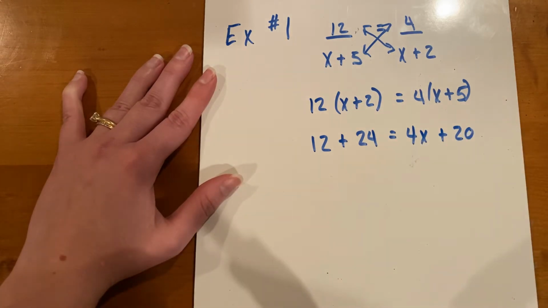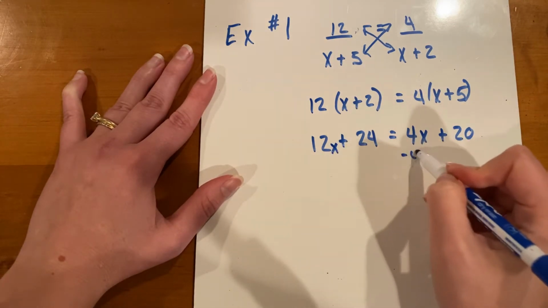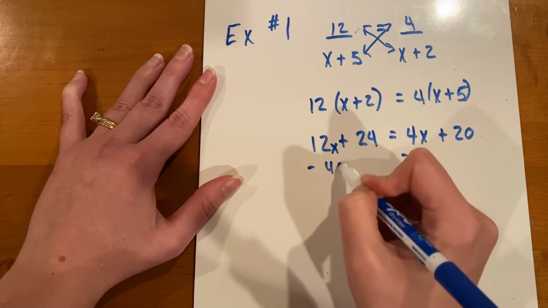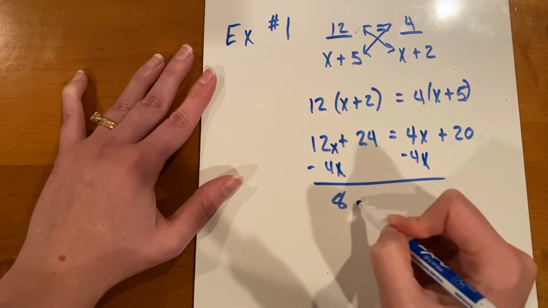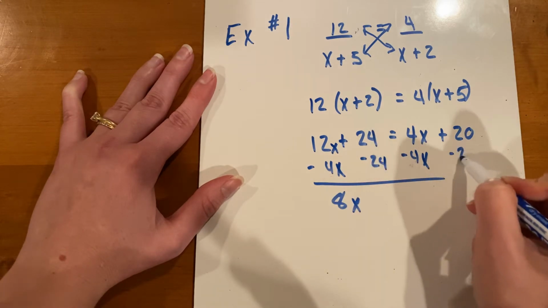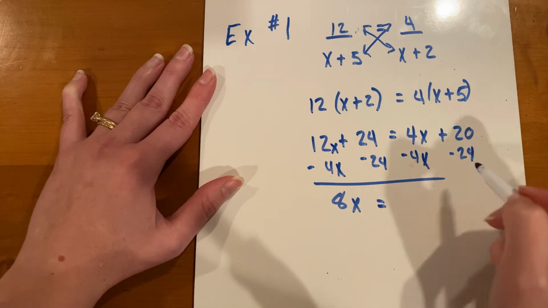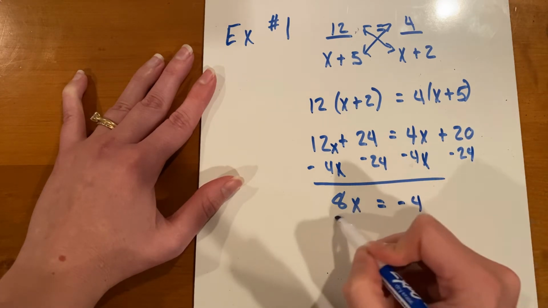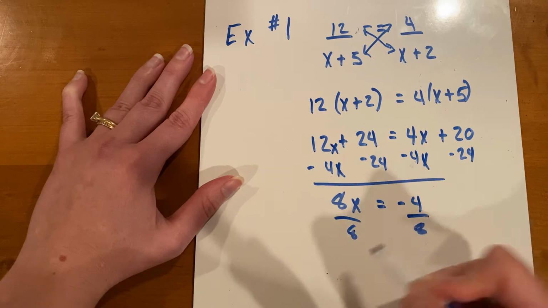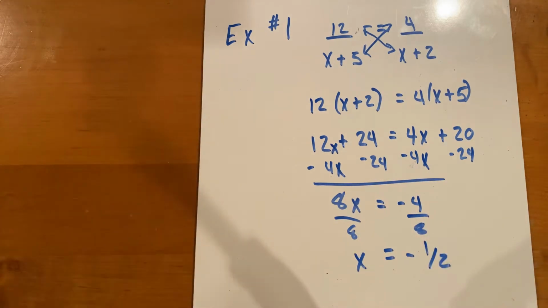Bring your variables to one side and your constants to the other. 12x minus 4x is 8x. Now minus 24 on both sides: 8x is equal to negative 4, because 20 minus 24 is negative 4. Divide out your 8 and we get x is equal to negative 1/2. So we didn't have to get common denominators. All we did was use cross products to solve.